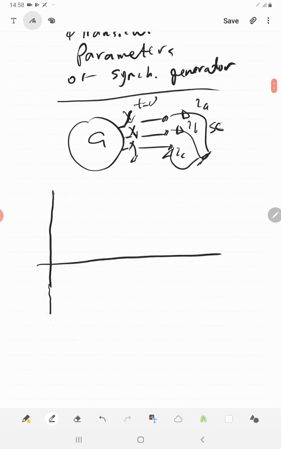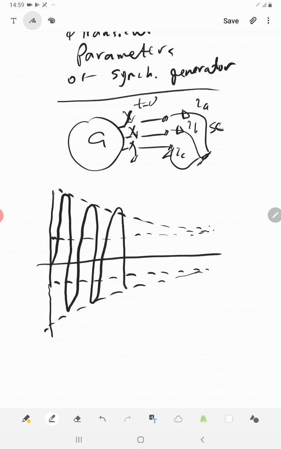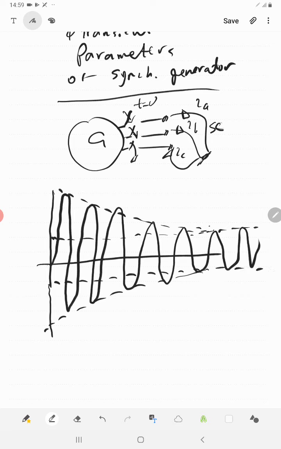Okay, let me just define three values here. Basically what we will get is a sinusoidal wave like this, and it will continue exponentially like this.